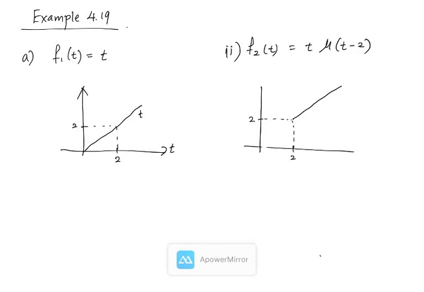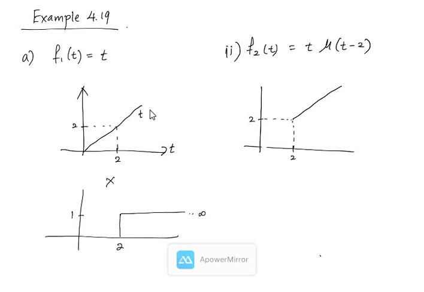The fundamental theory is that if you have the graph of t like this, and we have the graph of unit step t from 2 to infinity with amplitude 1, then if these two graphs are multiplied, we will obtain 0 before 2 because the value of the step is 0 there. At 2, the value is 2, we multiply with 1, you get the value here.